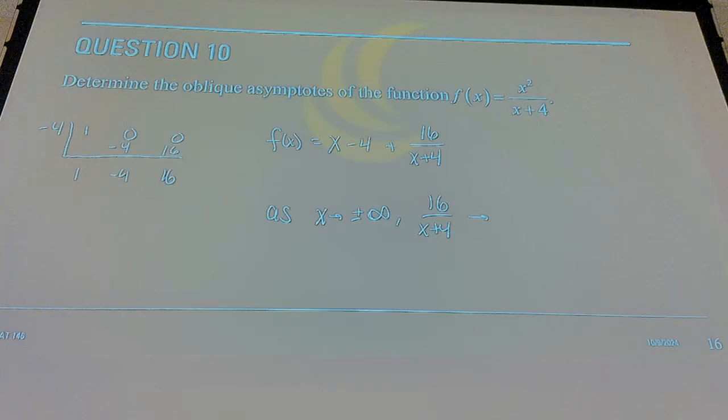As x increases or decreases without bound, that 16 over x plus 4 is going to do the same thing. So just look at one direction. If you let x get increasingly large, what's happening to 16 over x plus 4? It tends towards 0.